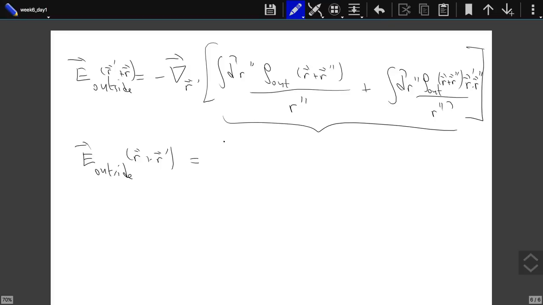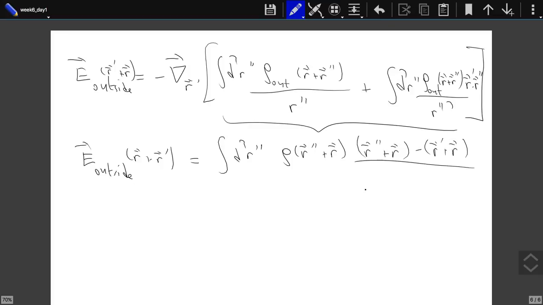In general, we can always write it in this form: rho of r double prime plus r, multiplied by r double prime plus r minus r prime plus r, divided by the magnitude of r double prime plus r minus r prime plus r cubed. So basically what we are doing here is that r double prime is again the position of the charges relative to the origin of my sphere. So this is the electric field.